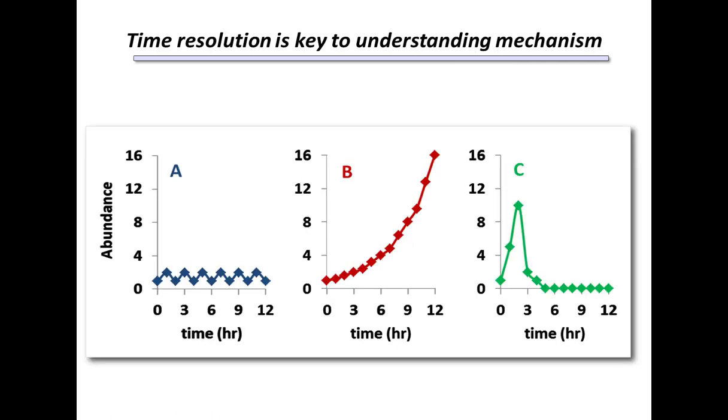Now, with all of this in mind, as we start to try to study and understand pathways that are controlled by ubiquitin and other ubiquitin-like proteins, time resolution is really key, that these are dynamic processes working on many proteins in many sites. But in fact, understanding that time domain is really important because, of course, if in this simple example I told you that there were 3 proteins that each changed by 2-fold at a 3-hour time point, the initial assumption might be that these proteins were all being equivalently affected by a given stimulus.